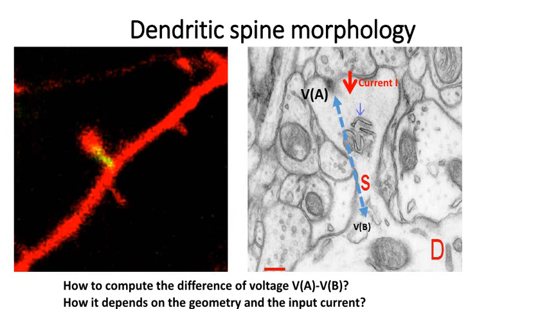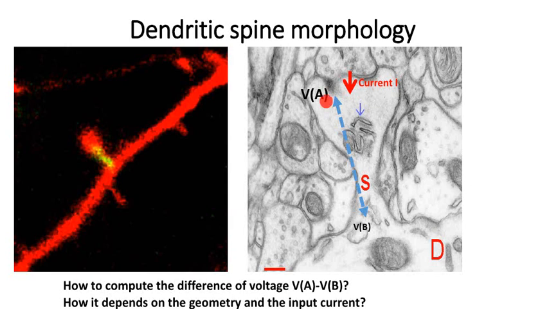If we go to the next figure, we see here an electron microscopy picture of a dendritic spine, where usually a current flows through channels located on the surface of this postsynaptic density. And what we are interested in is the following question: can we estimate the difference of voltage between 2 points, let's say point A here and point B here?